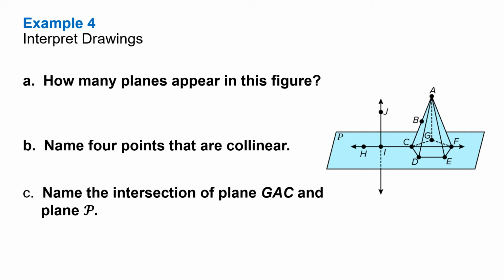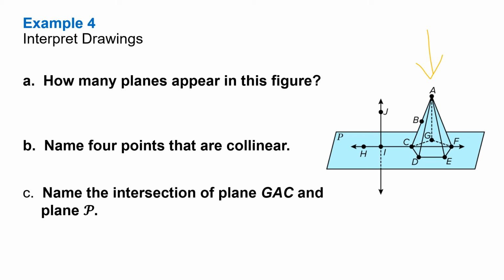How many planes appear in this figure? So if we look at this figure, the first thing that jumps out at you is this pyramid shape right here. The base of that pyramid is a pentagon, which means it has 5 sides.